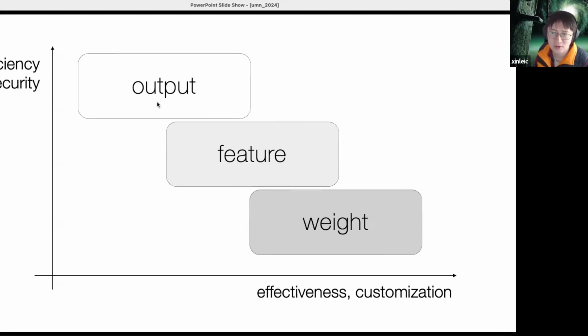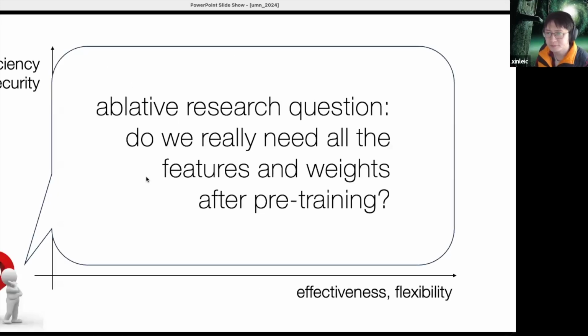And it's also very secure to the model, I mean, you just get the output. There's no weights leaked to the outside world. On the other hand, it's less effective because the pre-trained models are just pre-trained for certain tasks and not well-tuned for some other downstream tasks.